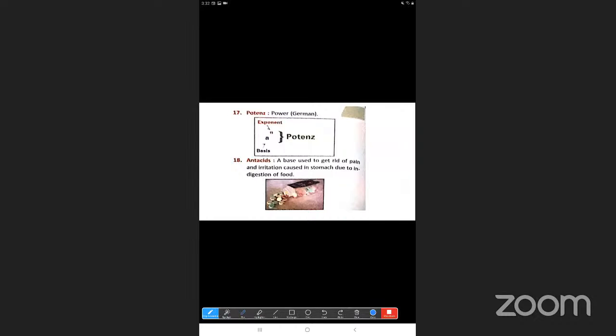An antacid is a base used to get rid of pain and irritation caused in the stomach due to indigestion of food. Sometimes we feel indigestion of food, like pain and irritation, right? That is due to release of excess acid in our stomach. In our stomach, one acid is released, that is HCl acid. It helps in digestion of food in our stomach.